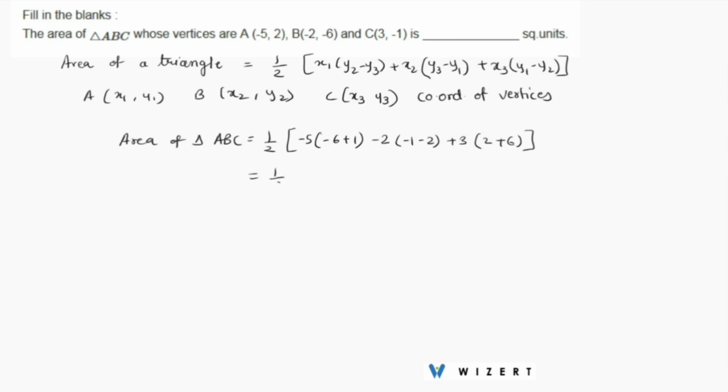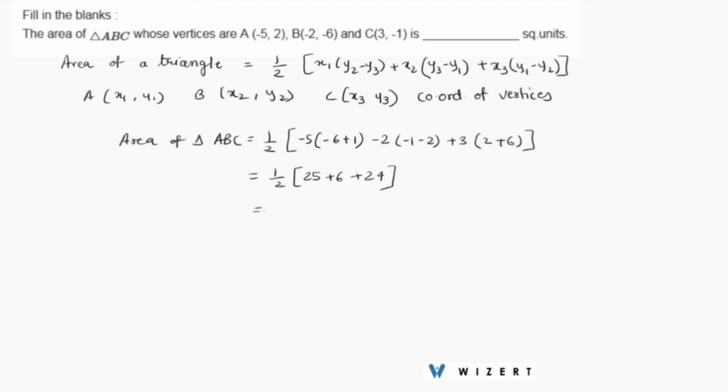So we have half multiplied by, let's simplify this: minus 6 plus 1 is minus 5, and minus 5 times minus 5 is plus 25, so this is 25. Now minus 2 into minus 3 is plus 6, and 3 multiplied by 2 plus 6, 2 plus 6 is 8, 3 eights are 24.